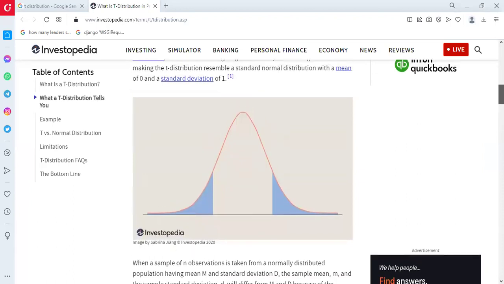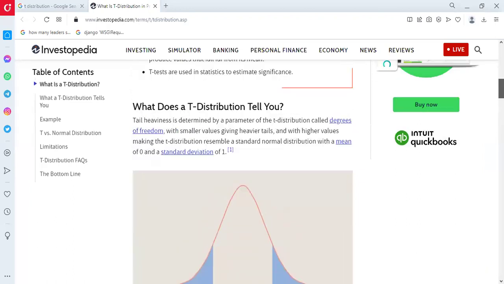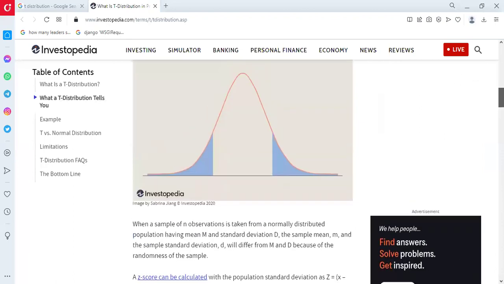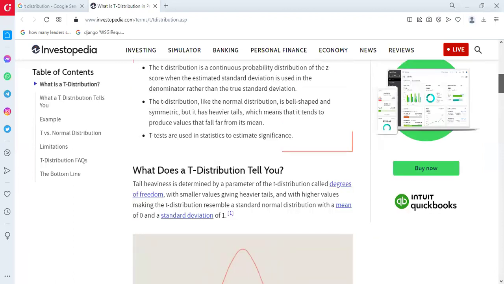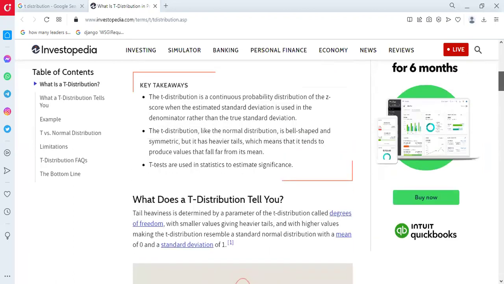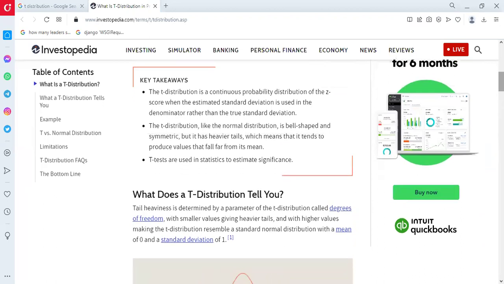So it's something like this. Can you see it looks like the normal distribution somehow? The t distribution is a continuous probability distribution of the z-scores when the estimated standard deviation is used in the denominator rather than the true standard deviation.